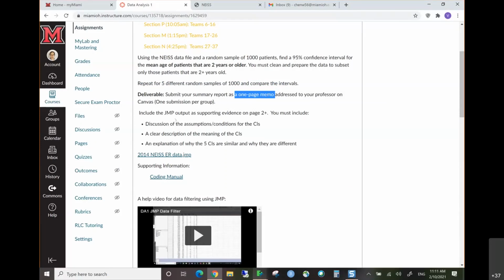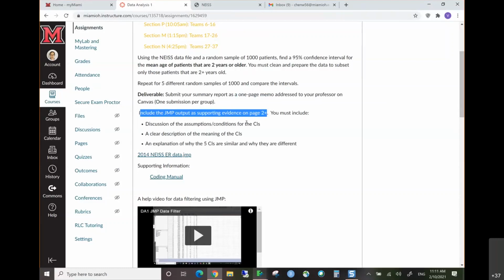And if you need to attach your output in your memo, then just attach it on the second or third page. It doesn't matter, the output pages are unlimited.